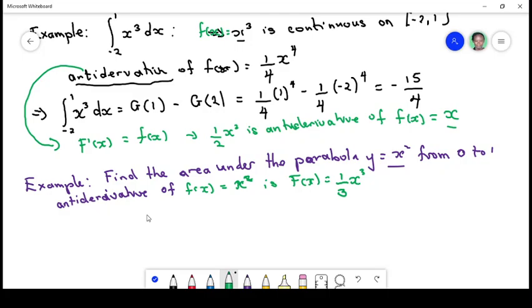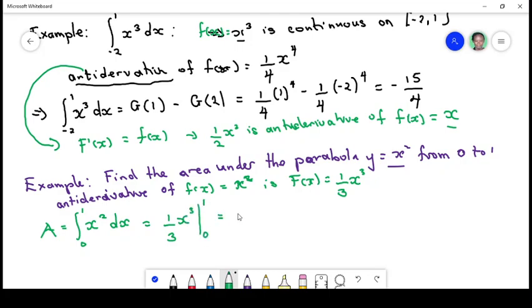So if I want to find the area using the fundamental theorem of calculus, from 0 to 1 of x squared dx, it's going to be 1 over 3 x cubed. The interval is from 0 to 1.